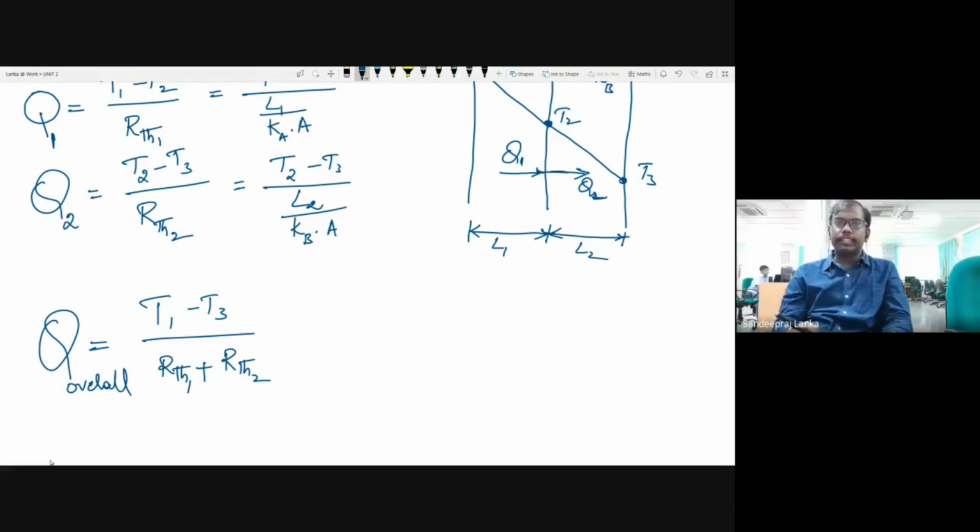This is how I write this. See, how did I get this? How can I write this thing like this? This also I got by electrical analogy itself.